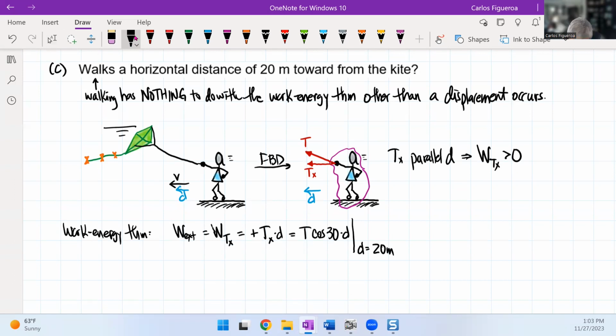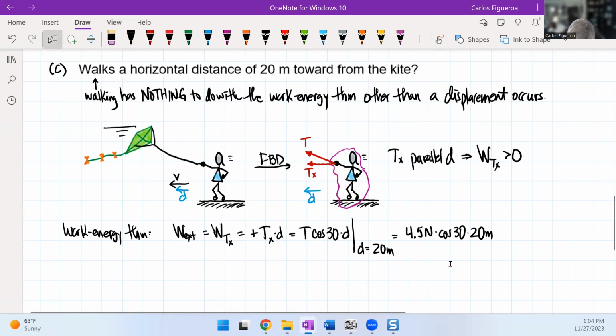It's 20 meters. So when I stick in my numbers, this is going to be 4.5 newtons times cosine of 30 times 20 meters.